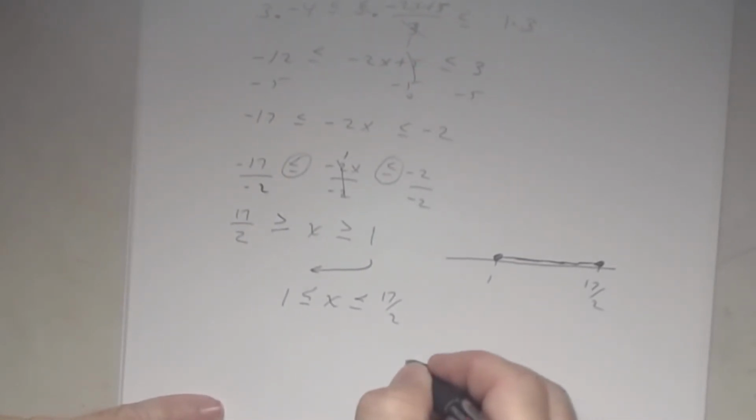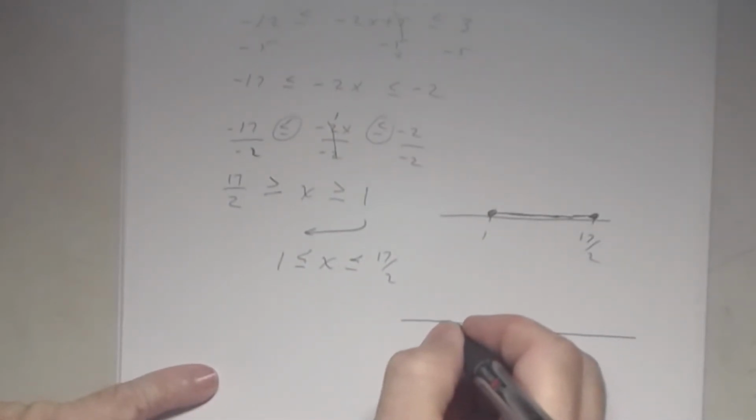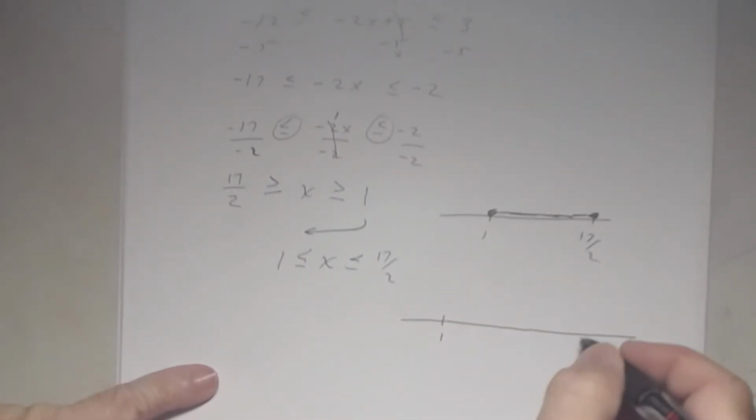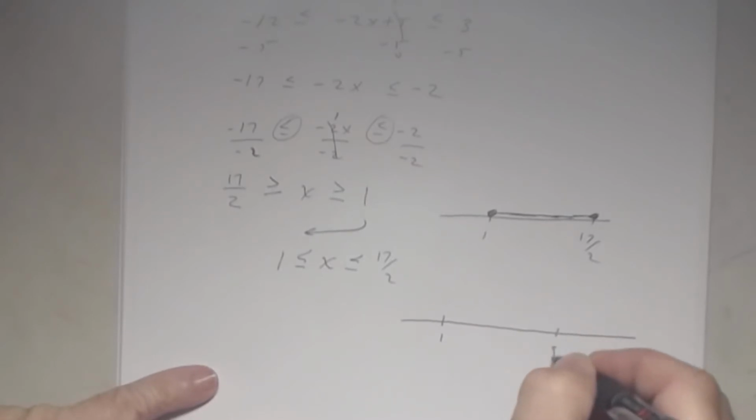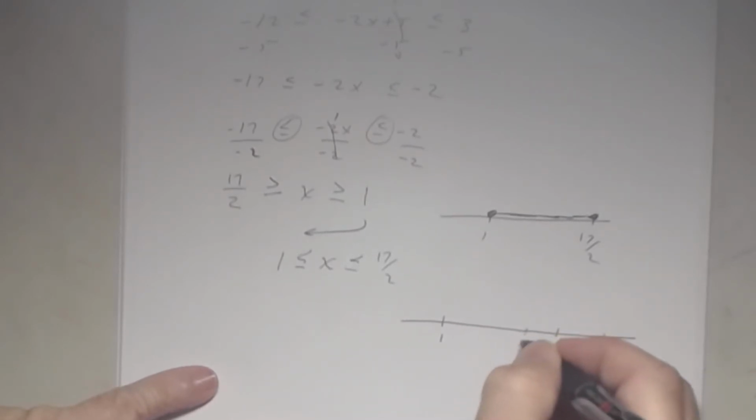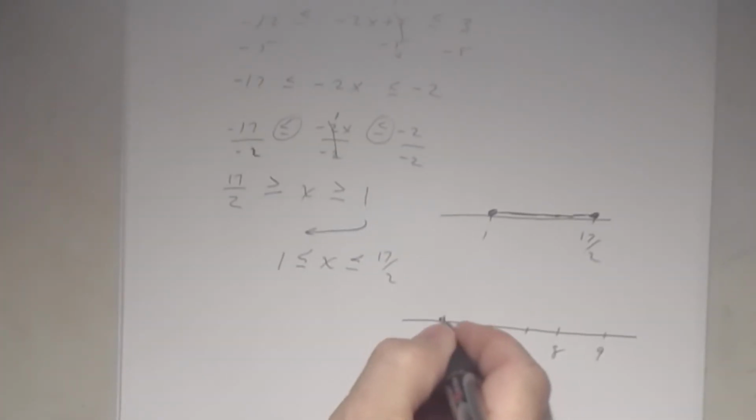Now, if it was a number line that was numbered, in other words, if it looked like this, I just want to remind you what to do. So if this is, let's say, 1, and this is, let's say, 8, 9, 7. Okay, the 1's easy. You're going to put a closed circle here. But where will you put 17/2?